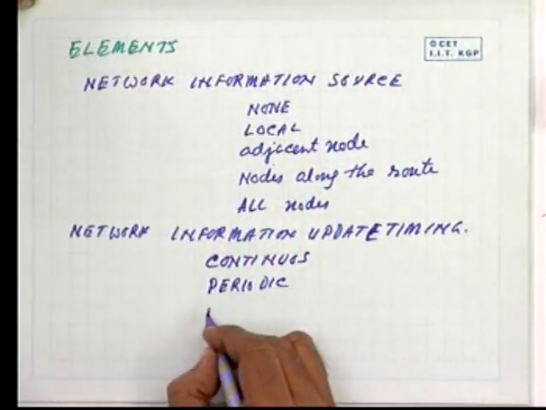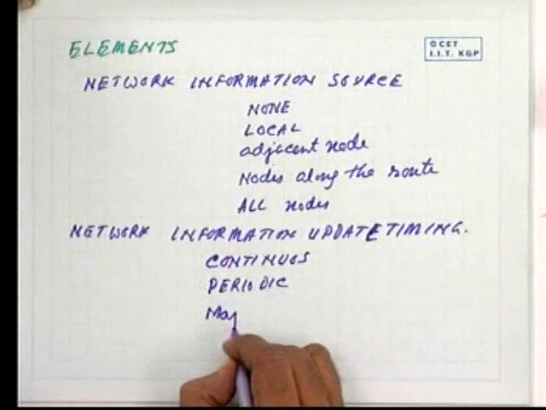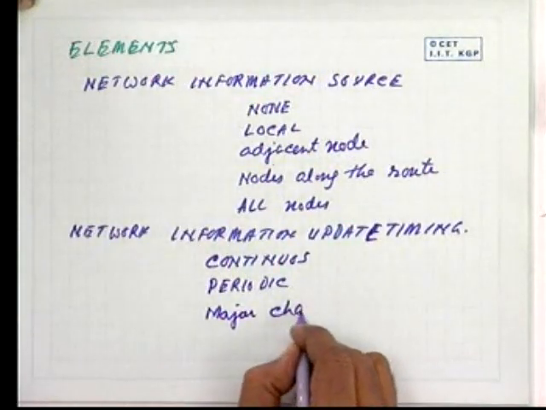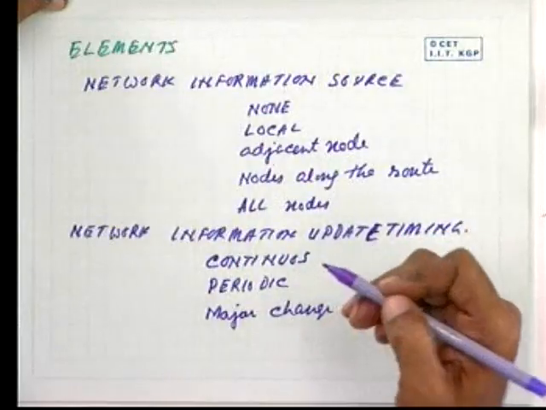Or it can be whenever some major change takes place in the network. Say there is change in topology in the network. In such a situation, only in that situation it will gather and update the timings. Otherwise, it will follow the previous one.